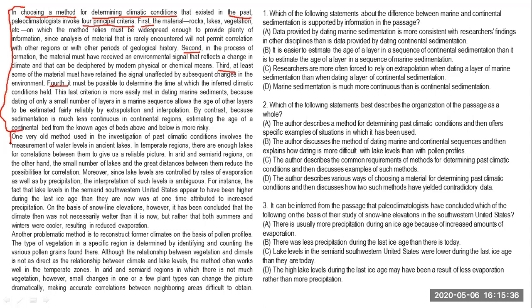Then paragraph 2 talks about method 1 and its limitations, the problems associated with this method.